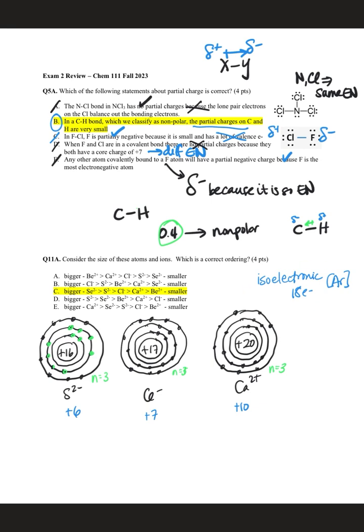They all have the same number of shells. So the thing that's going to make a difference is the size of the core charge. The larger the core charge, the smaller the atom is going to be. So of these three, this will be the smallest, and this will be the largest. That doesn't mean it's large, it just means it's larger than the other two.